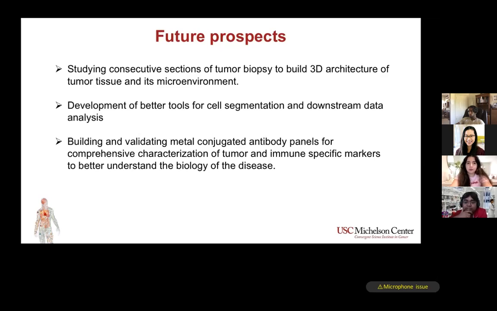Okay, coming to some future prospects of this technology, I would start with a very low hanging fruit at this point, not published yet, but I'm sure some good paper would come in coming years. What is that? I mentioned how you make those tissue slides. So you can study consecutive sections of a tumor biopsy. Let's say you have 4 sections, 5 micron each, then basically you have 4 into 5, like a 20 micron box or square, where you have all the cells.